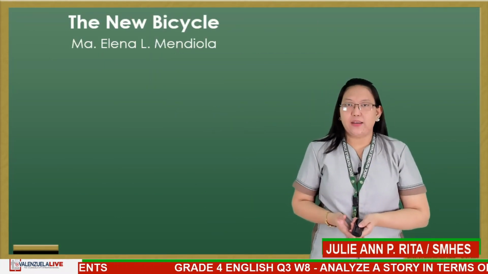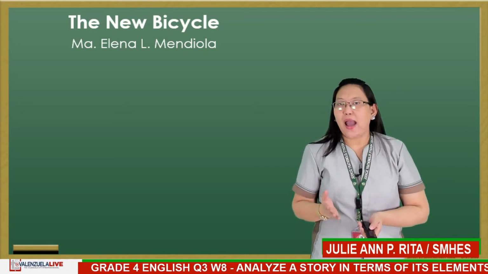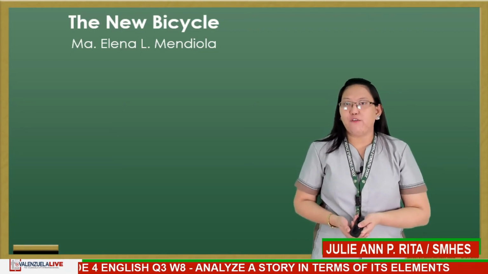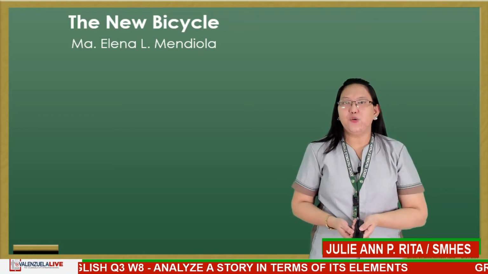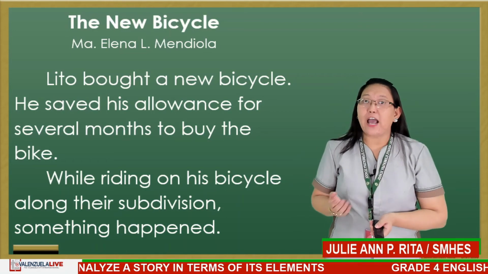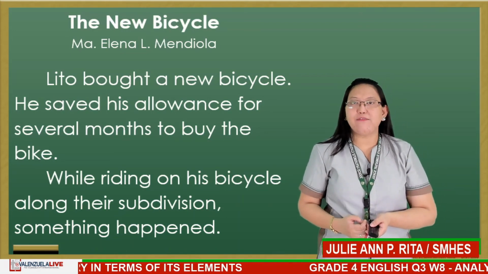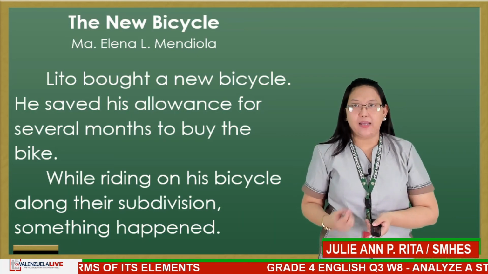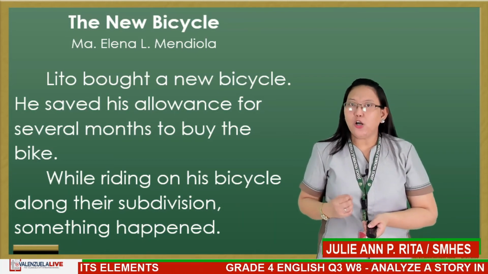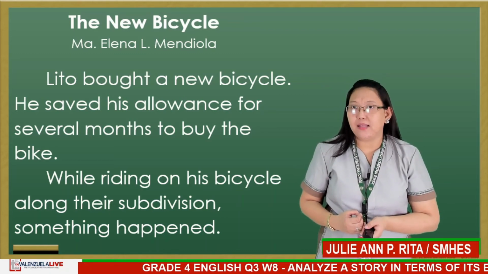Let us read the story, The New Bicycle by Ma'am Maria Elena L. Menjola. Try to analyze the story in terms of its elements. Lito bought a new bicycle. He saved his allowance for several months to buy the bike. While riding on his bicycle along their subdivision, something happened.